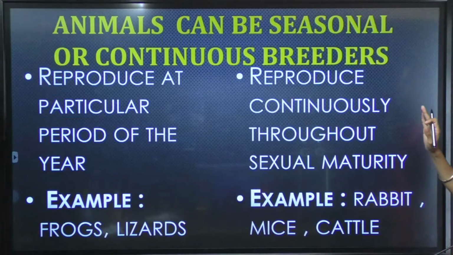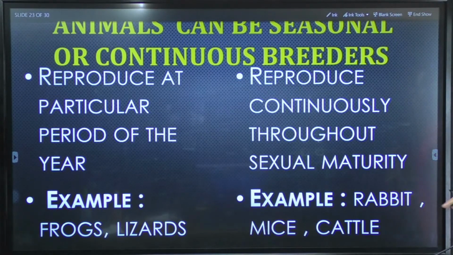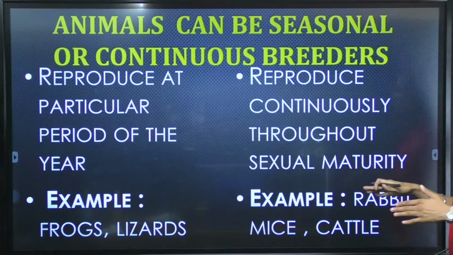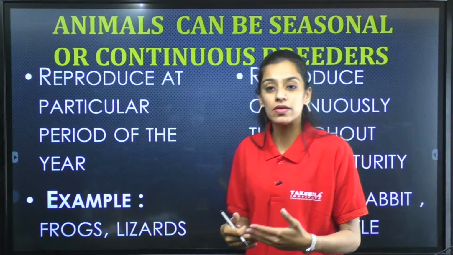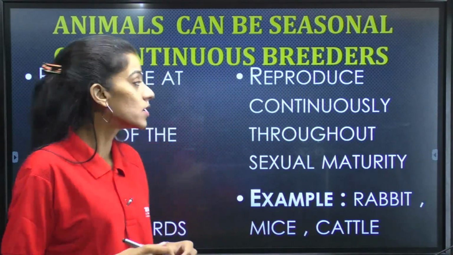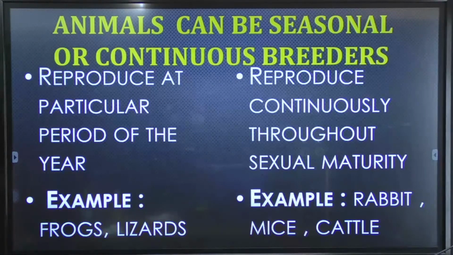Now we will look at that. Animals can be seasonal and they can be continuous breeders depending upon their fertilization abilities. Right. So based upon their fertilization abilities, they could be seasonal and they could be continuous breeders.